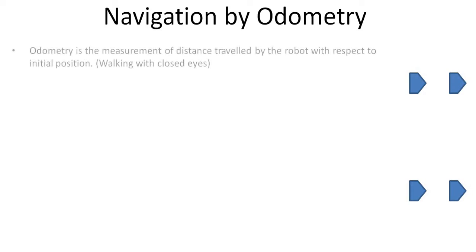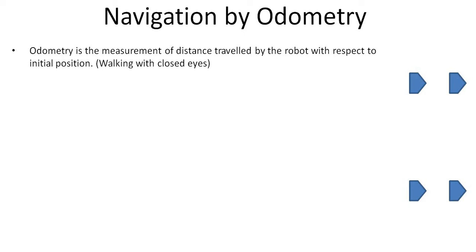Navigation by odometry. Odometry is the measurement of distance traveled by the robot with respect to its initial position. You can compare odometry to a human walking with closed eyes, just counting the number of steps, and after counting a certain number of steps, the human can tell how much distance they have traveled.